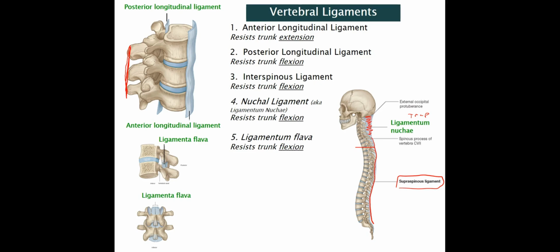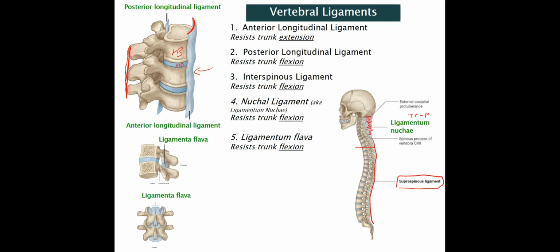Anteriorly, staying in this picture here, we have the anterior longitudinal ligament, and this is quite broad, and the artist has shown this. And so posterior to the anterior longitudinal ligament would be these intervertebral discs, and of course the vertebral body.